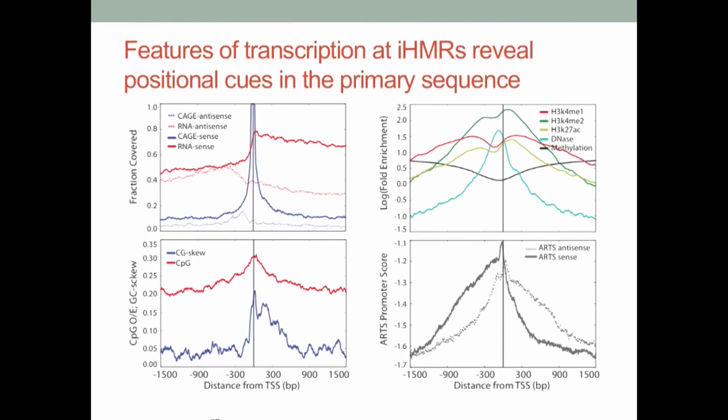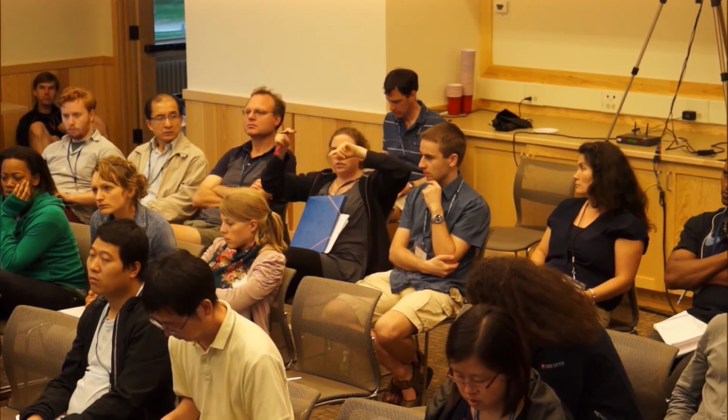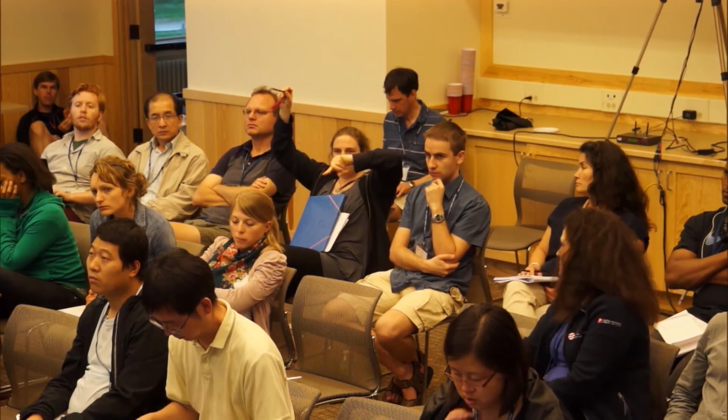How do they transcribe, given that enhancers are characterized by bidirectional transcription? Sorry? The CAGE tag distribution on transcribed enhancers is bidirectional, so you typically see signal in both directions.